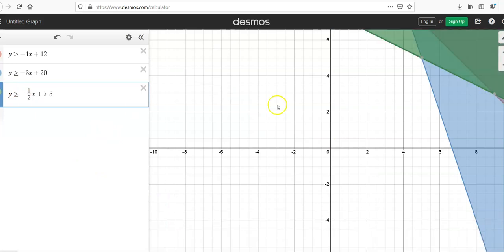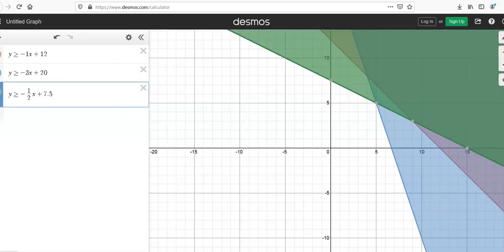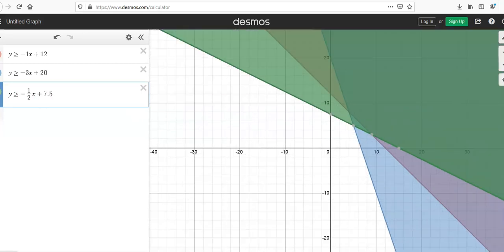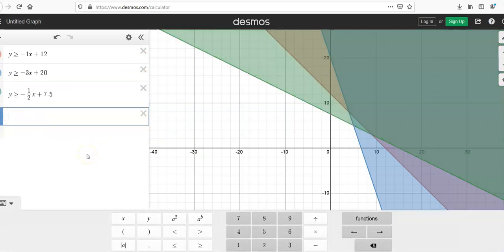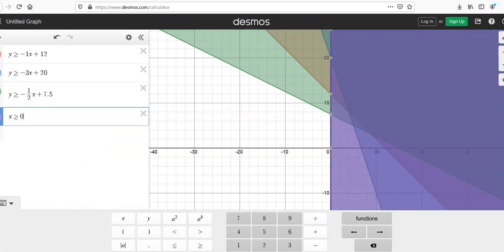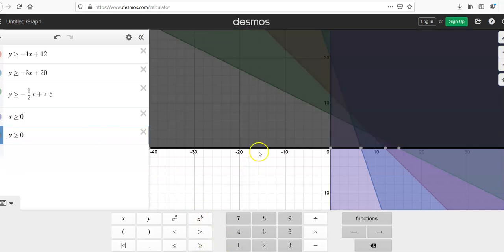I'm going to make this a little zoomed out so we have a better picture here. And so now you can see my shaded region. If I want to make it into the first quadrant, that's when you have your equations x is greater than or equal to 0 and y is greater than or equal to 0. So that's our axes.